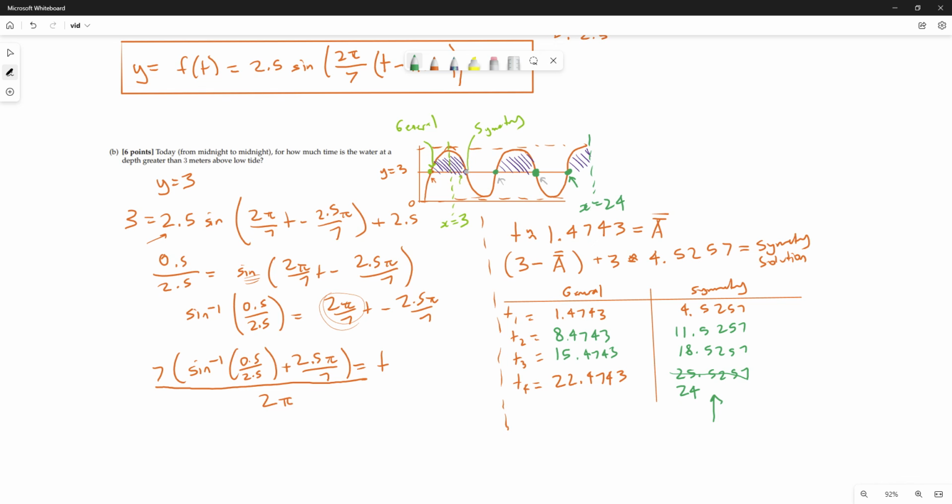Now, to get the total amount inside this purple shaded area, we need to subtract these values. Symmetry from the general. Oh, general from the symmetry. So symmetry solution subtracted by the general solution is the total time inside in one period.